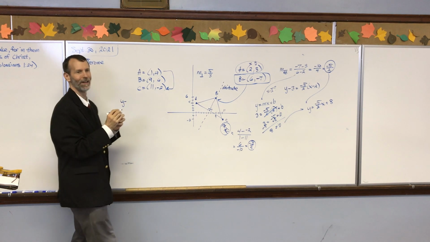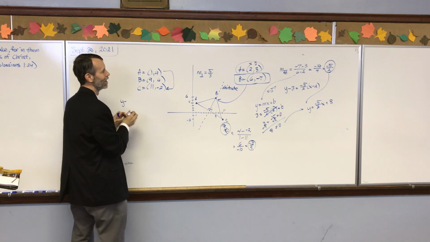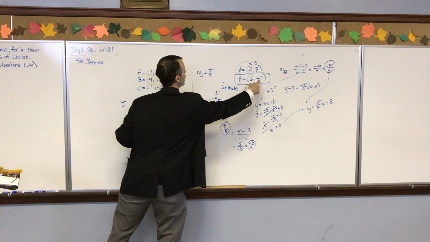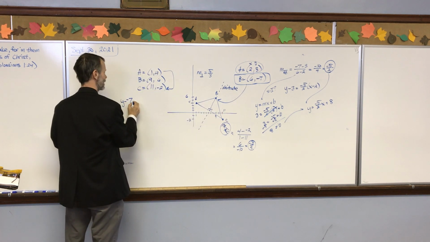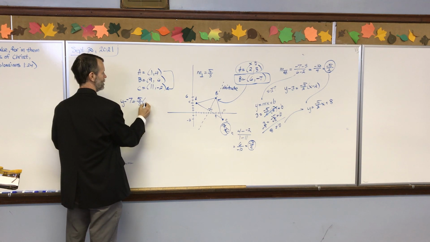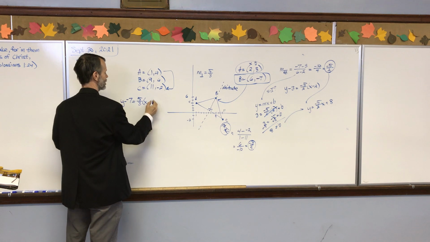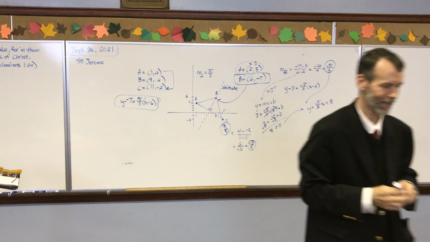It's y minus y1. You give me x1. So y minus -7 equals 5 over 3 times x minus 6. Got it. That's it. So you can do y plus 7 if you must.